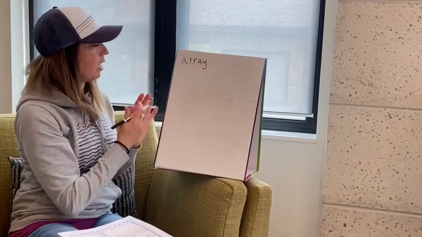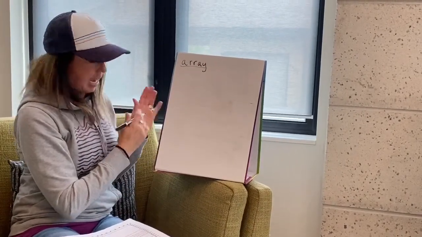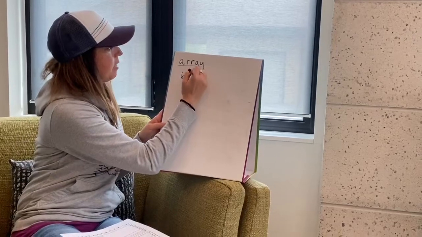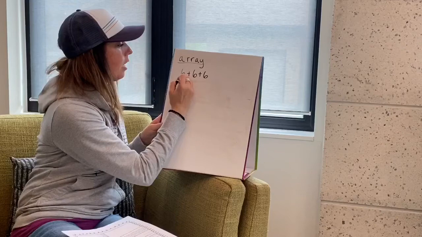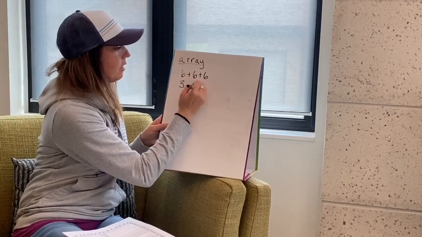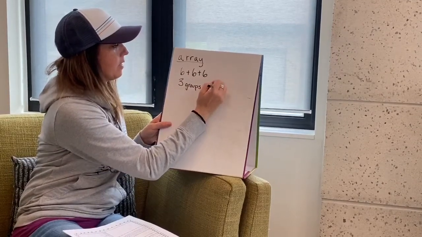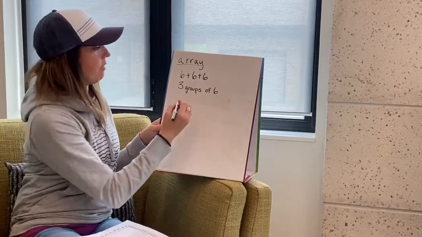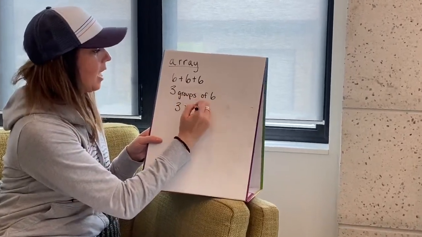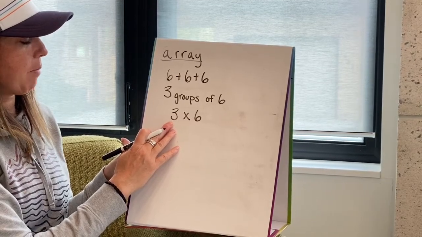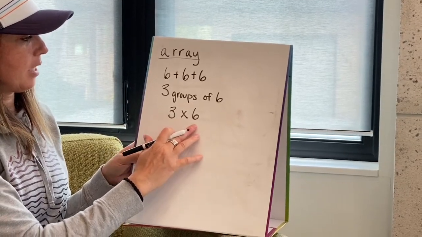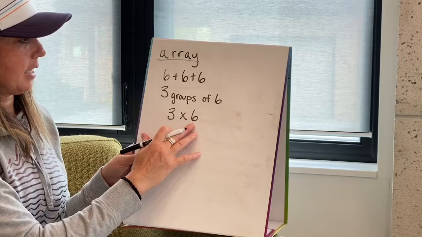So an array shows if we have 6 plus 6 plus 6, we have 3 groups of 6, or we can even write it 3 times 6. So that first number lets us know how many groups that we have, and then we're timesing it or adding it 6 times.